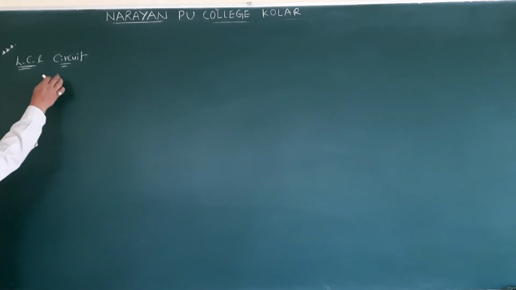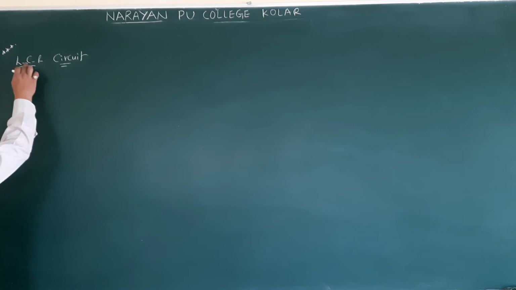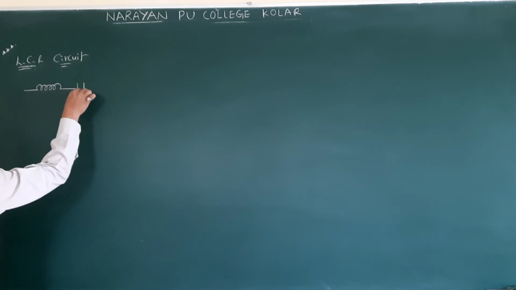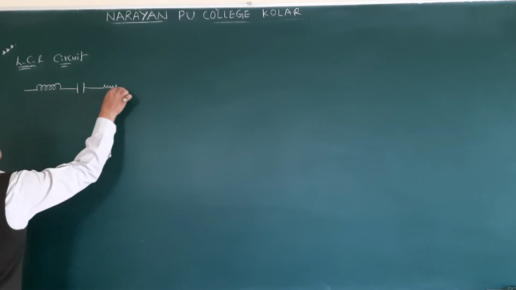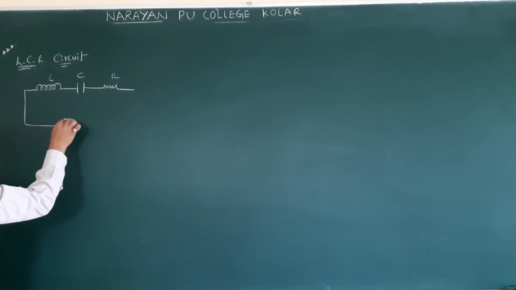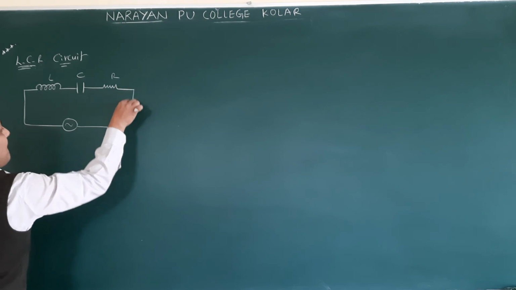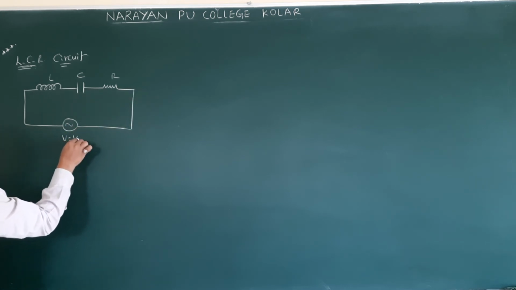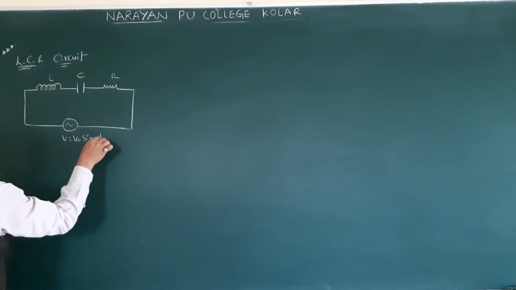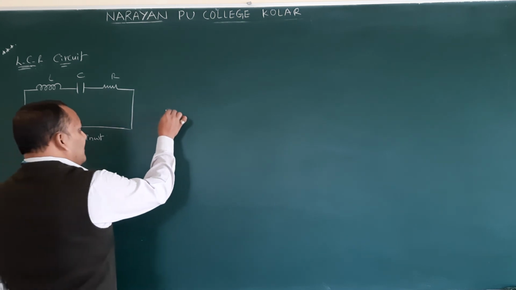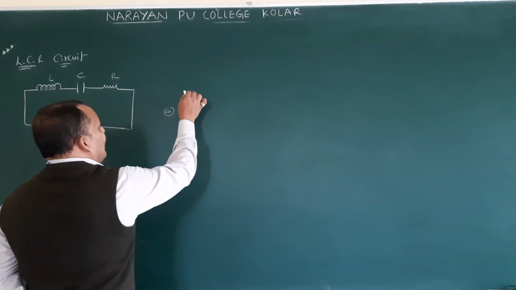So, LCR circuit. In this, an inductor, capacitor and resistor will be there. This is connected to which source? AC source, V equals V naught sin omega t. This diagram is probably drawn like this in the textbook.